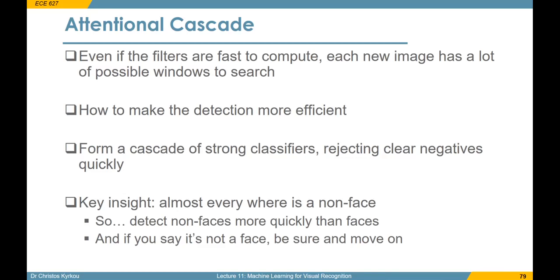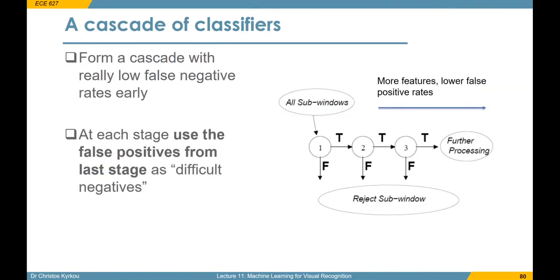The key insight here is that in most of the image, we're not going to have a face, or even in more general terms, we're not going to have the object of interest. The majority of the image is composed of background and non-class objects. So they proposed this cascade classifier where they had different stages of different complexities.